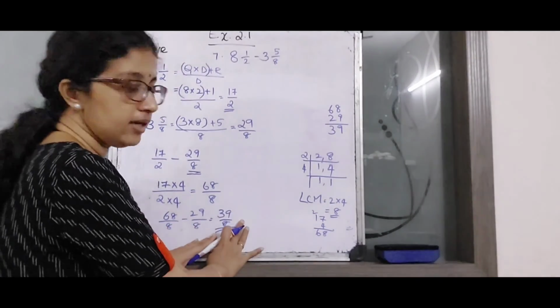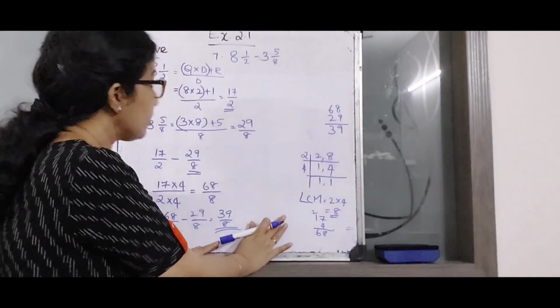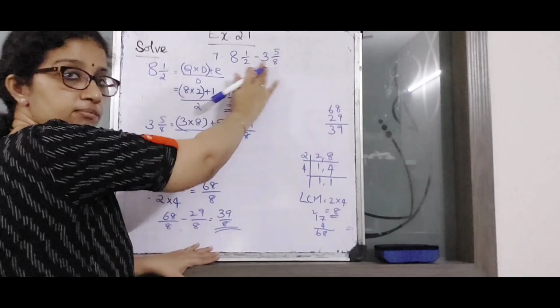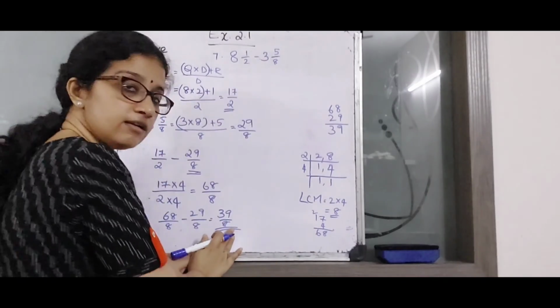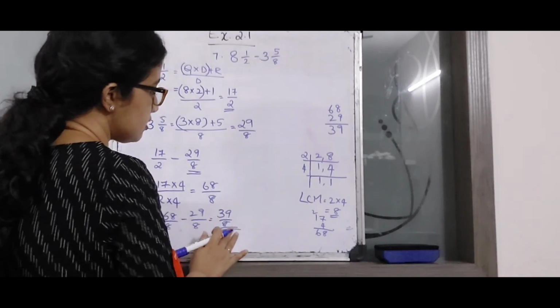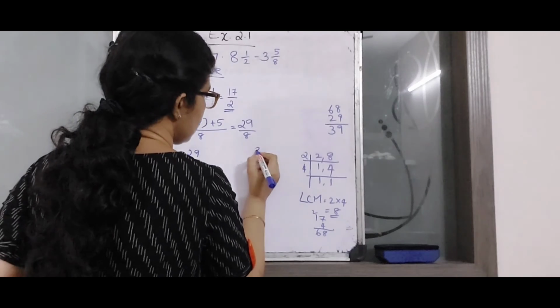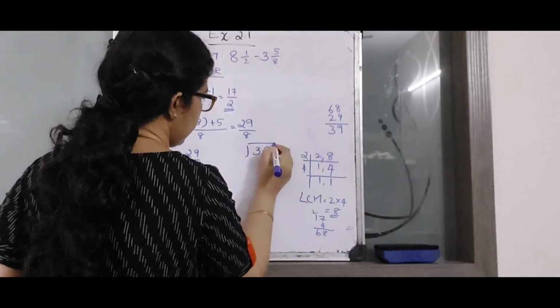Now this 39 by 8 can be converted to a mixed fraction. Okay? Because here the question itself is in mixed fractions. So the answer also can be written in the form of a mixed fraction. So how can we convert this into a mixed fraction? Directly divide 39 divided by 8.